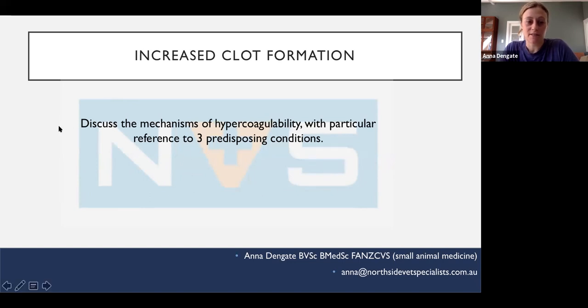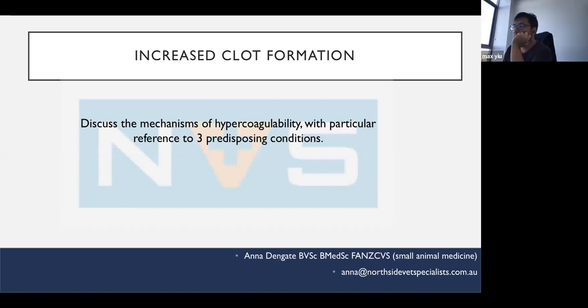So next question is discuss the mechanism of hypercoagulability with particular reference to 3 predisposing conditions. So endothelial damage, hypercoagulability, and... this is the Virchow's triad.